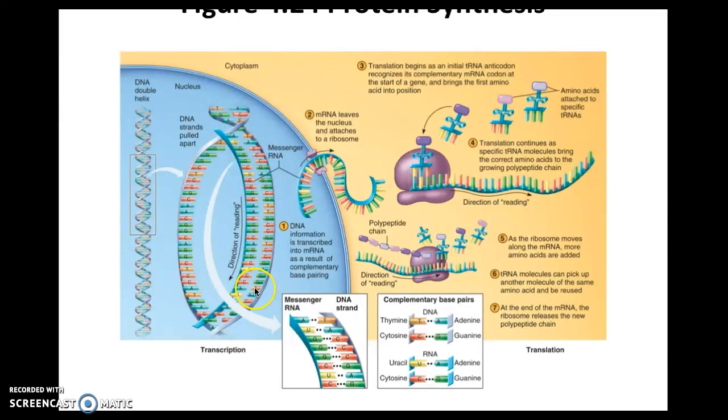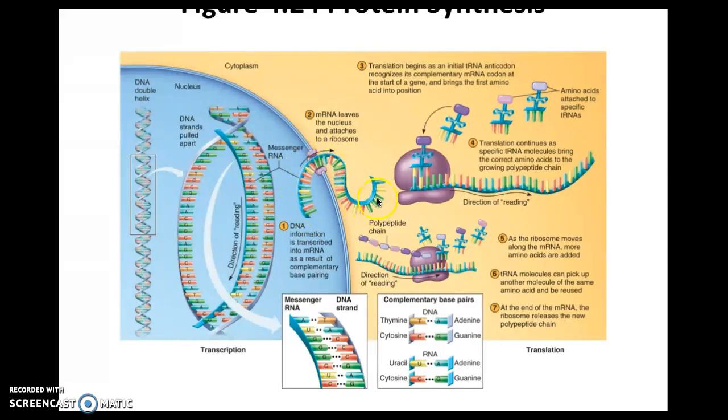So for every T, you're going to have an A, for a G, you're going to have a C. So again, it's going to be A, T, G, C, except in this RNA strand here, there is no thymine, there's uracil. So you look right here. The DNA has adenine, well, the corresponding base in RNA is uracil. Okay, so you're going to make a copy, and that is called messenger RNA.